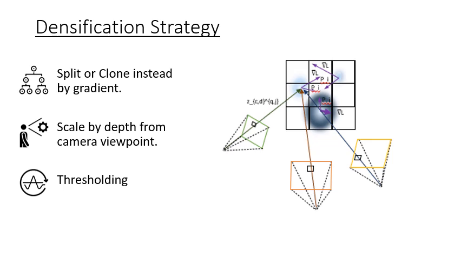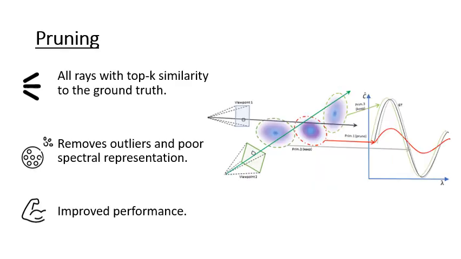If the score exceeds a threshold and the Gaussians need to be cloned, they also need to be from a certain distance away from the camera position in order to split. This allows us to adaptively refine the representation where the model needs more detail, especially in spectrally complex or spatially discontinuous regions, while avoiding unnecessary duplication elsewhere in the scene.